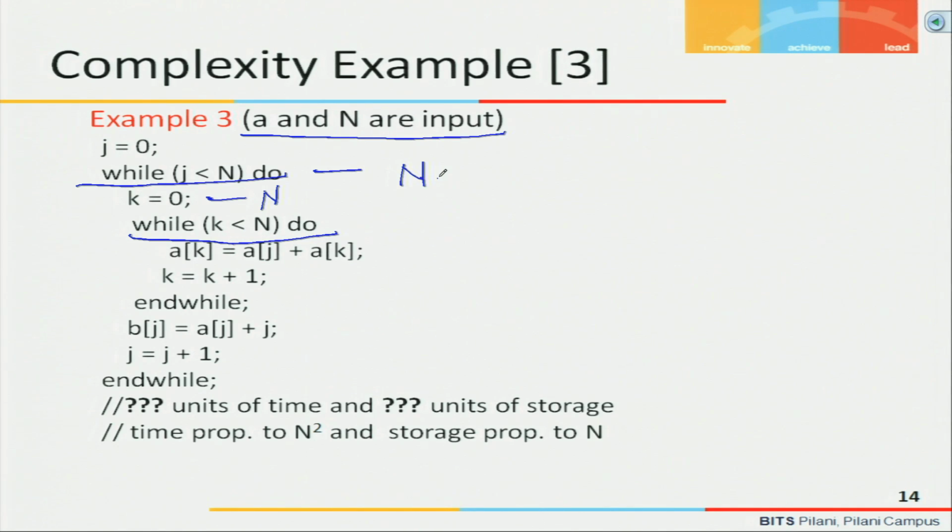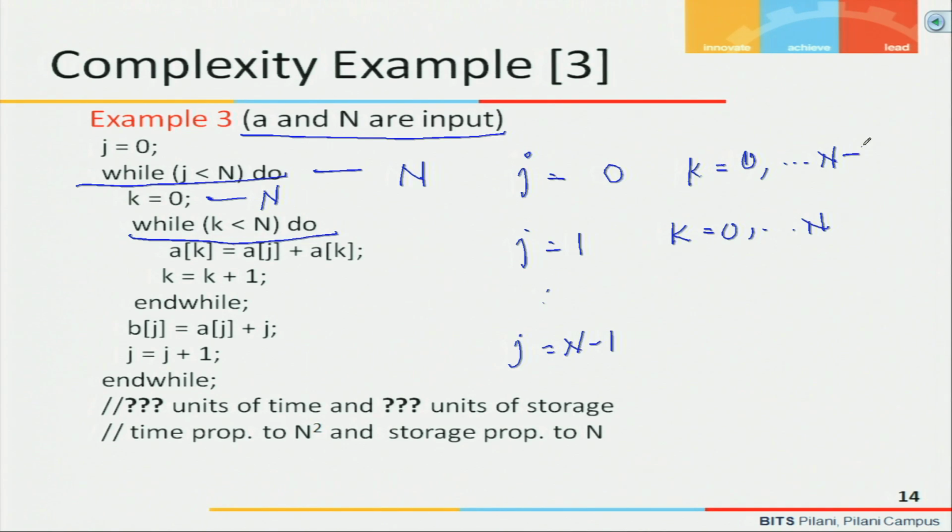Now, this inner loop is going to run for every value of j. So, if I write down, you have j which is going to be, say, 0 initially, and for each j equal to 0, k will also vary from 0 to n. Next time when j equal to 1, k will again vary from 0 to n, and so on up to j equal to n minus 1.